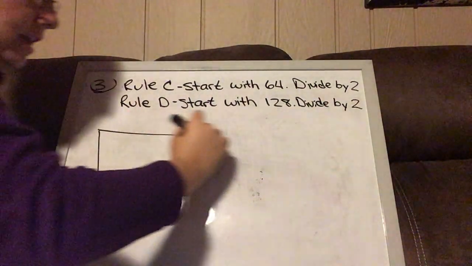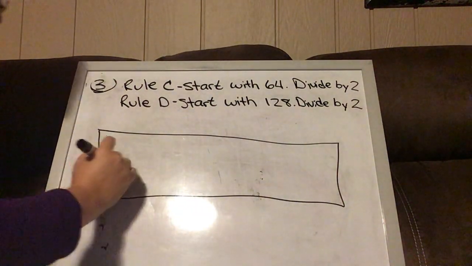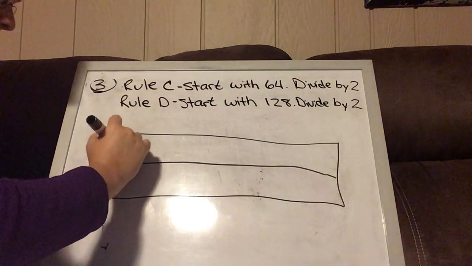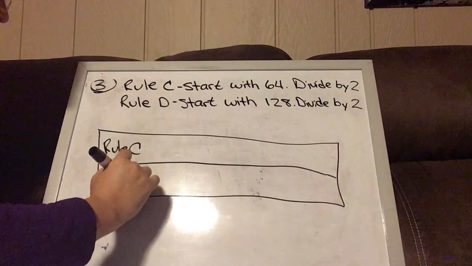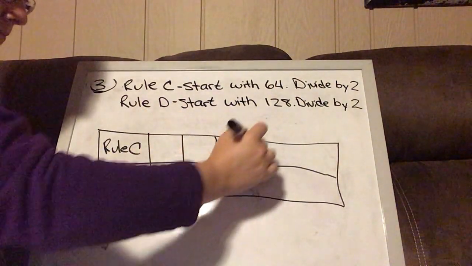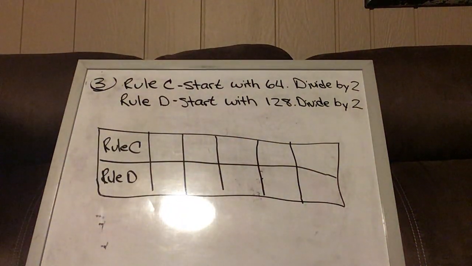So let's make our table. Rule C on top, and then rule D. All right, there you go. I want you to go ahead and complete that table now, and then we'll check it.